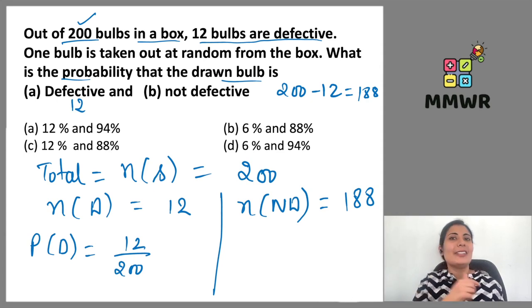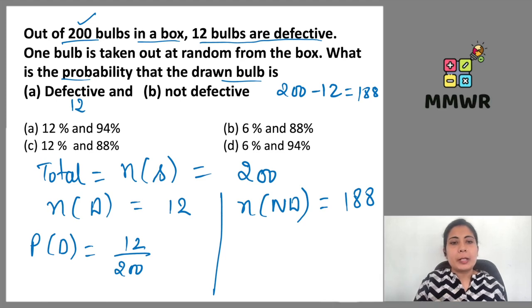But yes, here the twist is that the answer has not been given in fraction form, neither in decimal form. It has been given to us in percentage. And we know percentage means out of each 100. So, per 100, what is the value? So, 12 upon 200, we simply have to get 100 in the denominator.